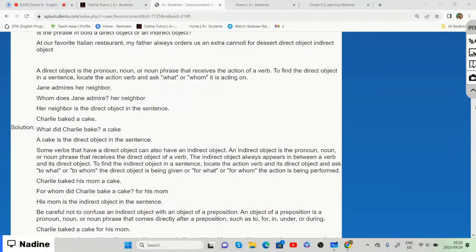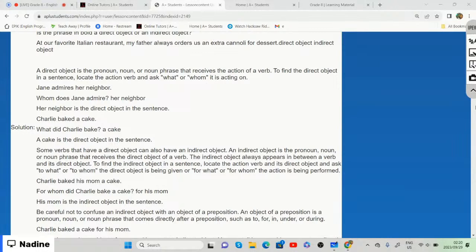And remember, we said a direct object is a pronoun, noun, or noun phrase that receives the action of the verb. So the indirect object receives the direct object of a verb.